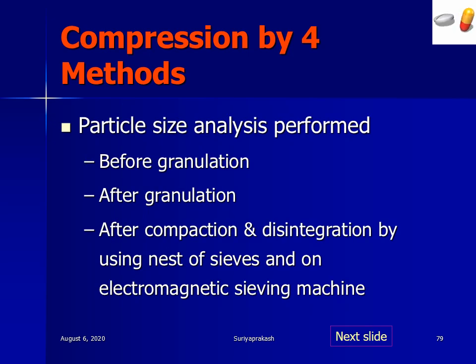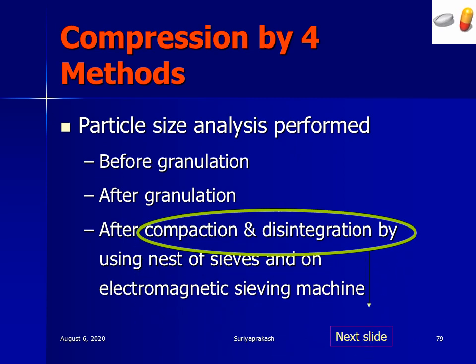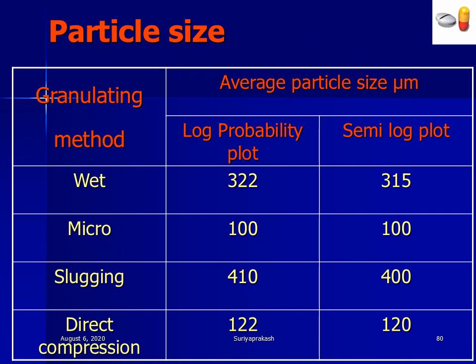Particle size analysis is performed before granulation, after granulation, and after compaction, using a set of sieves in an electromagnetic sieving machine. Now after compression and everything is over, this is the particle size. We have employed the wet granulation method, micro granulation method, slugging or double compression method, and direct compression method.